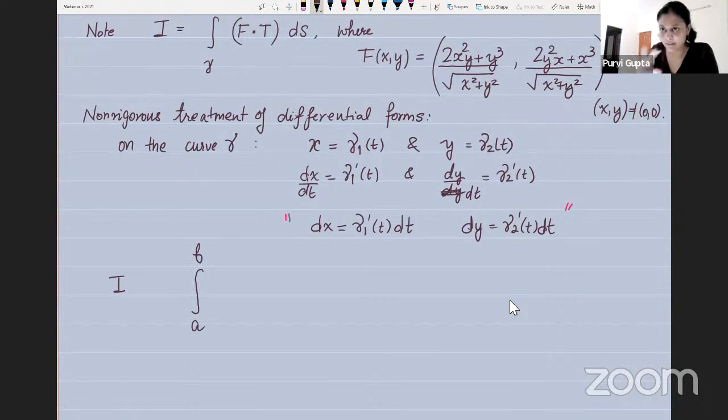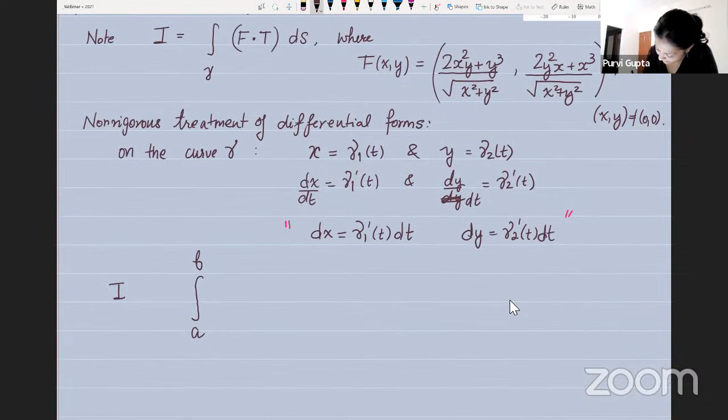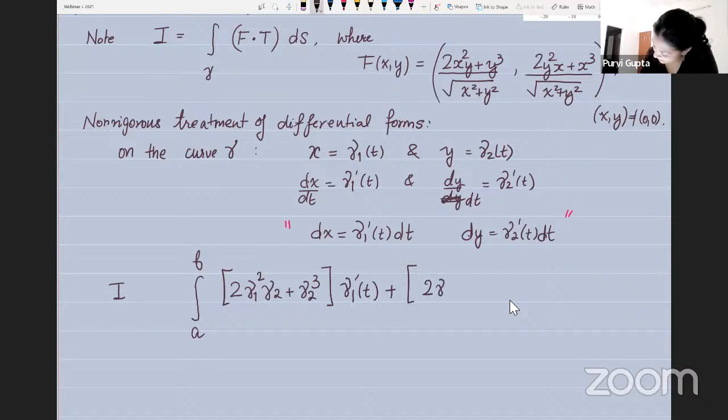We'll write down what this a, b is later, but what am I getting? My first component, I get 2 gamma 1 squared gamma 2 plus gamma 2 cubed. I'm getting this. I then have a gamma 1 prime of t, plus I have 2 gamma 2 squared, and then gamma 2 prime of t. They all have this argument t, I'm just, for the sake of notation, not putting this t in.